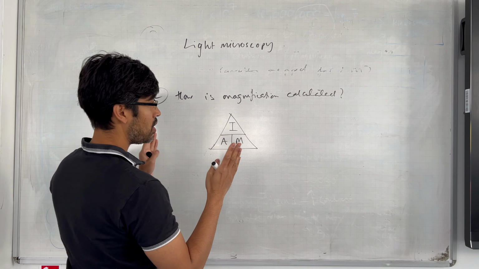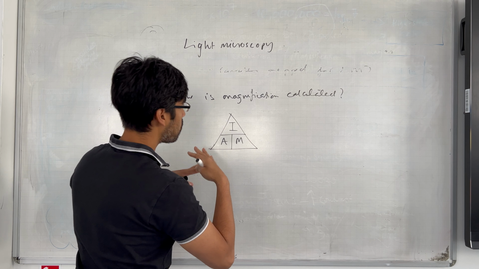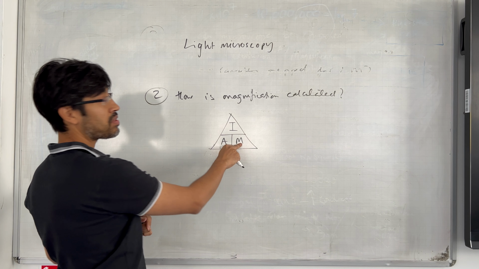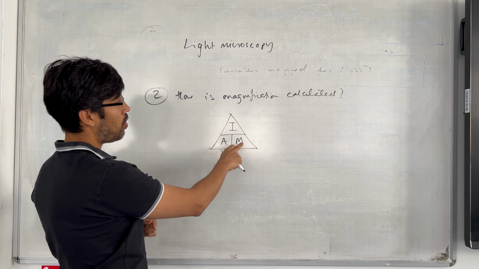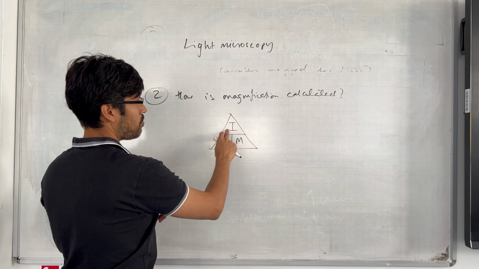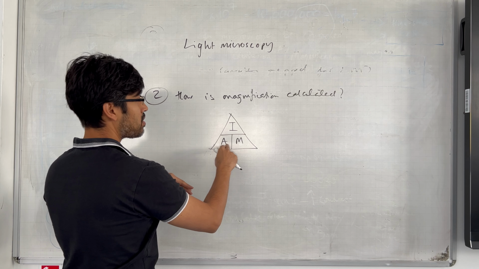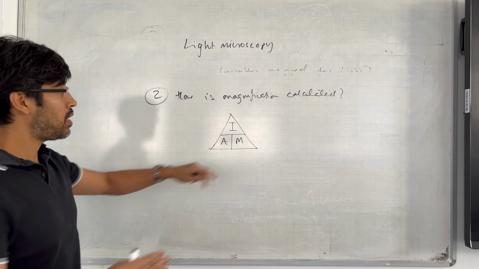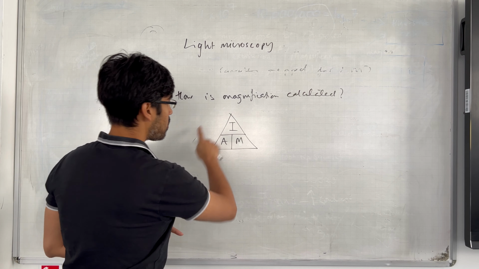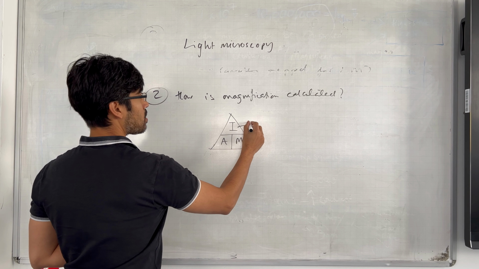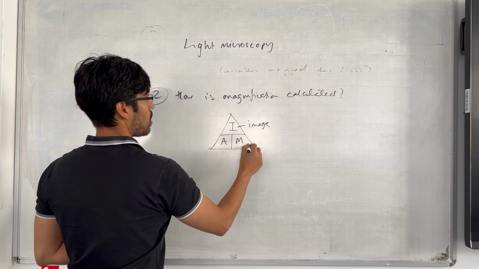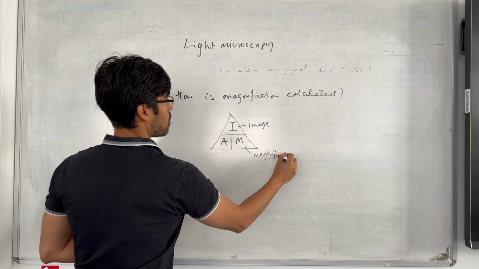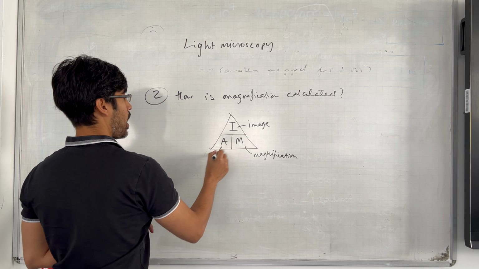We refracted or diffracted those emissions, which resulted in the magnification of the actual size of this thing, resulting in an image which was much bigger than the actual. Okay, so we have these things. We have the image, we have the magnification, and we have the actual.